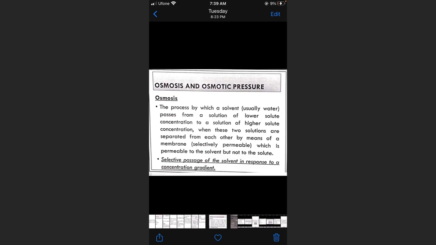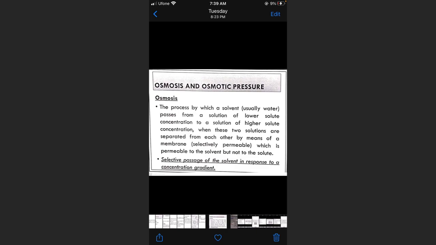First of all, we will discuss osmosis or osmotic pressure. Osmosis is the process by which, because we mainly talk about water, it passes from a solution of lower solute concentration to a solution of higher solute concentration.